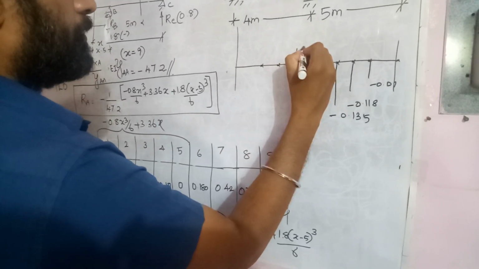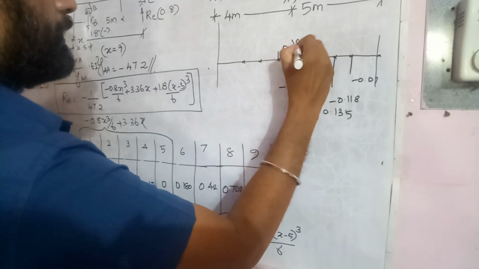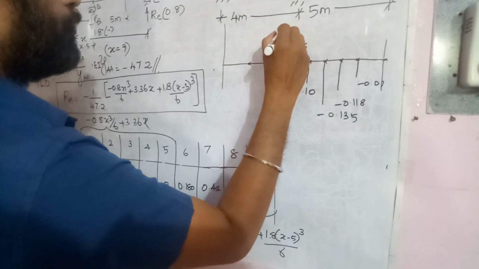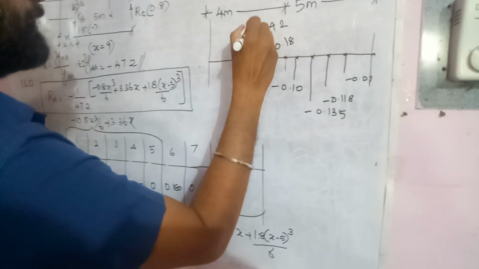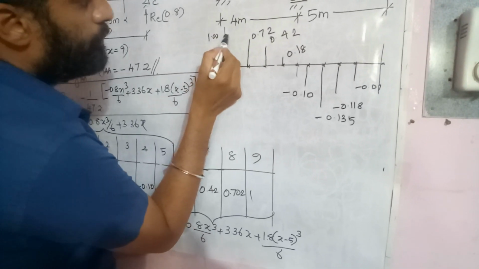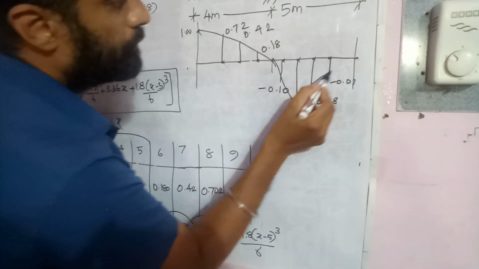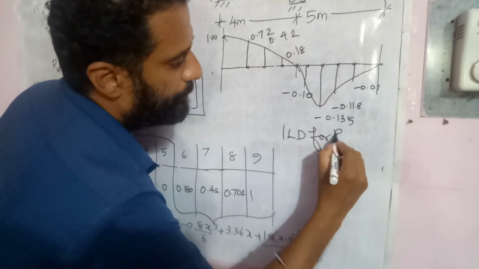For 6 it is plus 0.18, for 7 it is 0.42, for 8 it is 0.72, and for 9 it is 1. So you just join the points, and this is the ILD for RA.